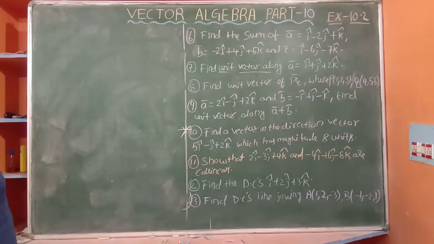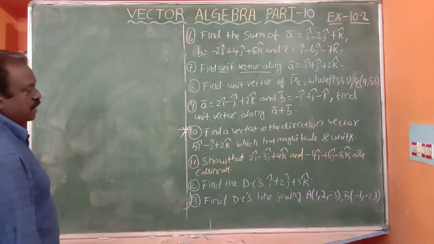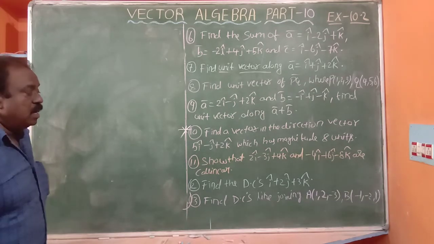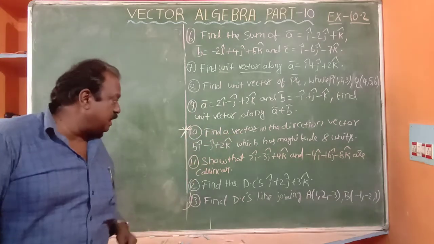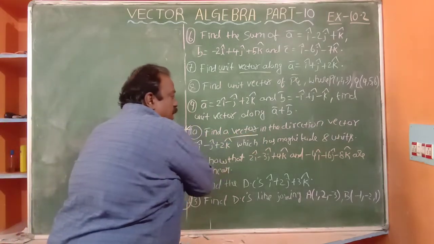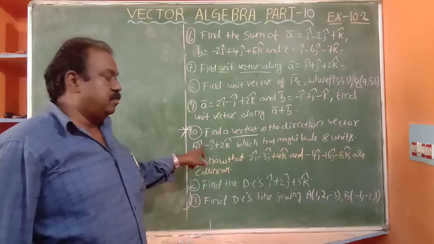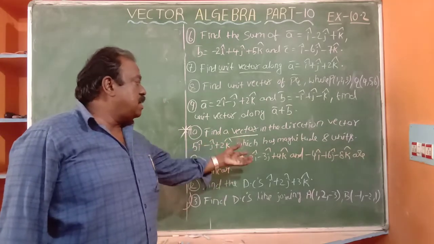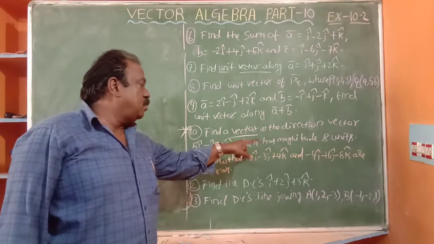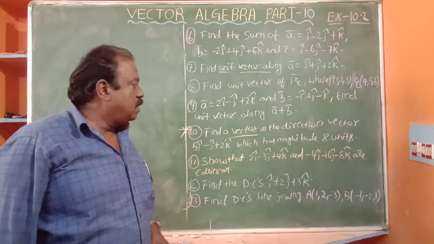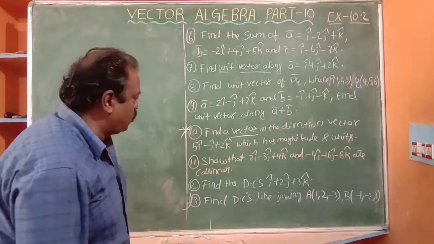We are asked not a unit vector, we are asked to find a vector in the direction of this vector, but the magnitude of the required vector is 8 units.